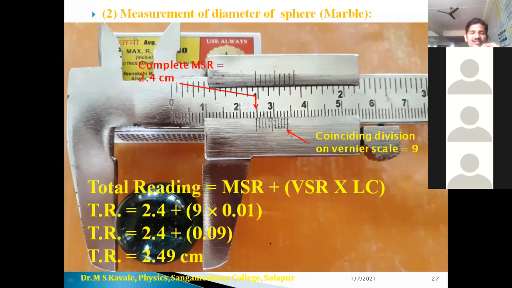Again, we can recheck the diameter of sphere. The same 2.4 centimeter is MSR, and coinciding division is 9, that is total reading is 2.49. It means this marble is a perfect sphere.